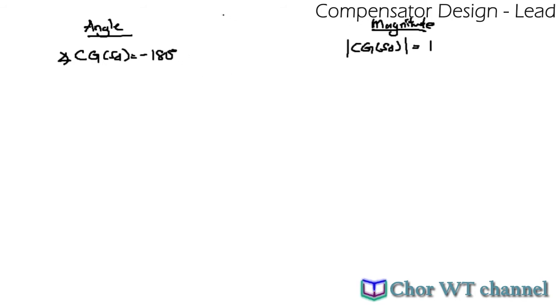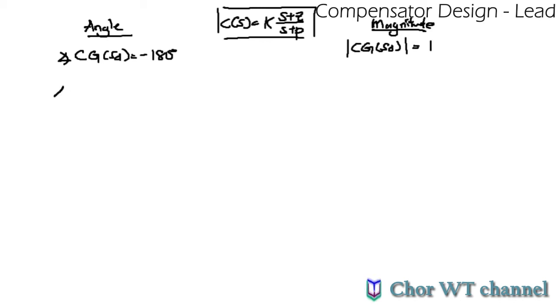By the way, we are going to set our CS to be equal to K (S plus Z) over (S plus P). This is a simple format that we'll be using to represent our lead controller. So let's begin from the angle criterion.